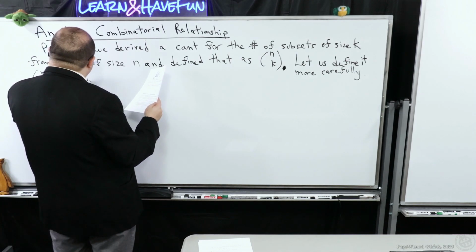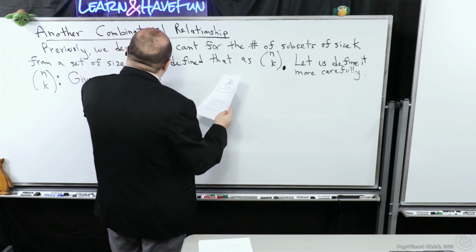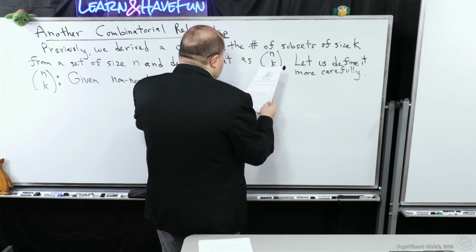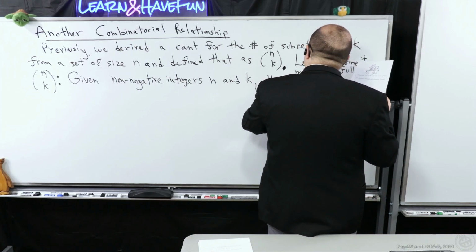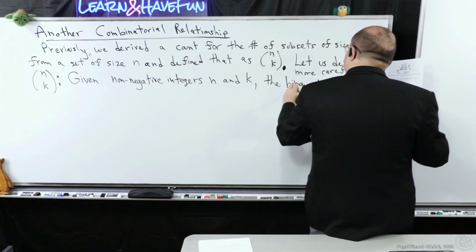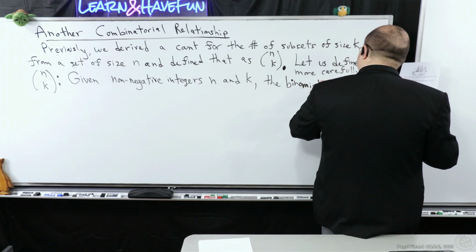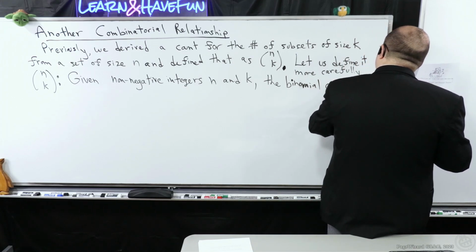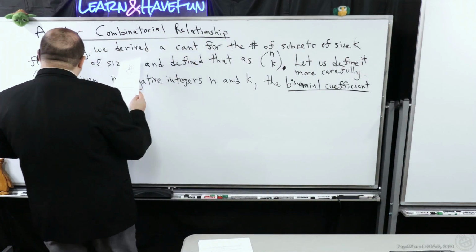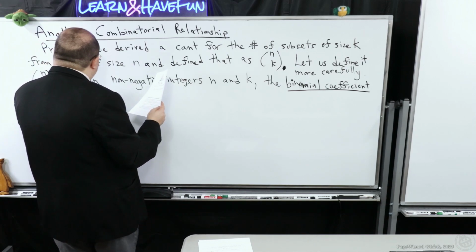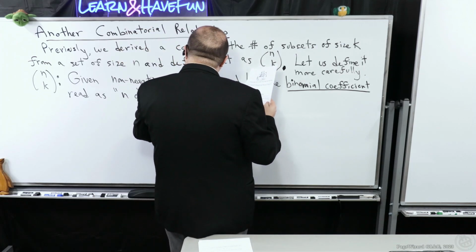Given non-negative integers n and k, the binomial coefficient, and you'll wonder why it's called that, we will eventually touch upon this, the binomial coefficient, read as n choose k, is often denoted as follows.